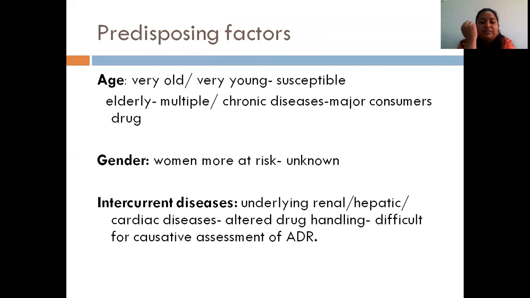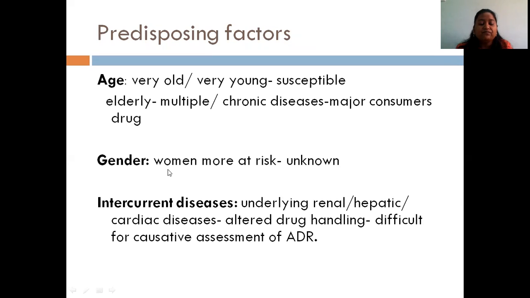The predisposing factors which promote ADRs are, firstly, age. The very old or very young are more susceptible to ADRs. The elderly or patients with multiple chronic diseases are the major consumers of drugs, and that causes adverse drug reactions.